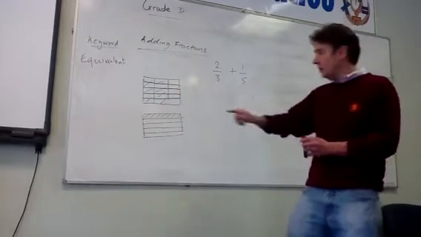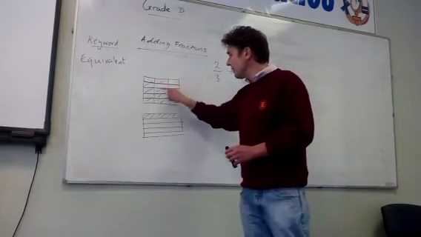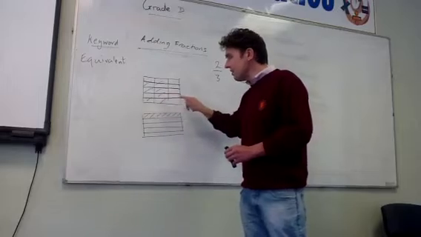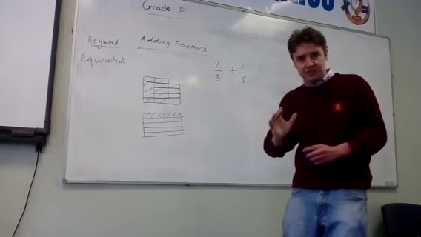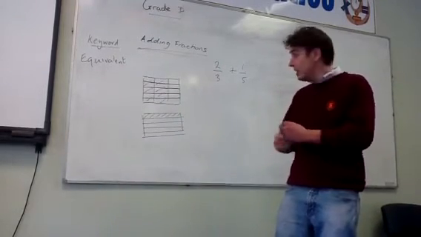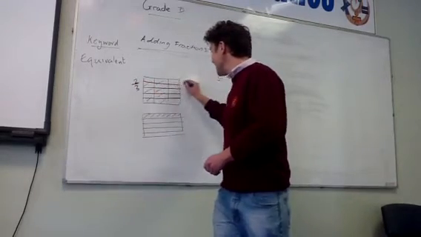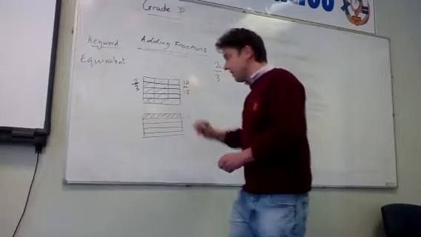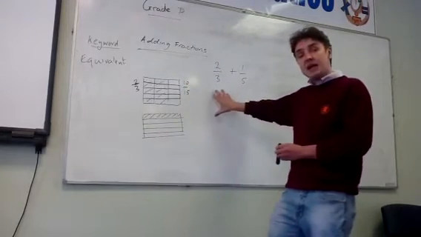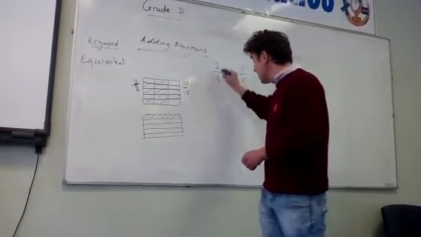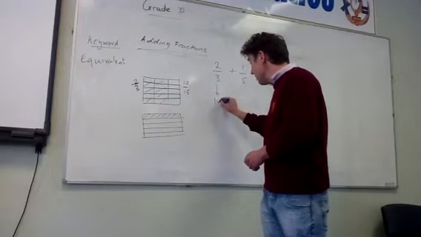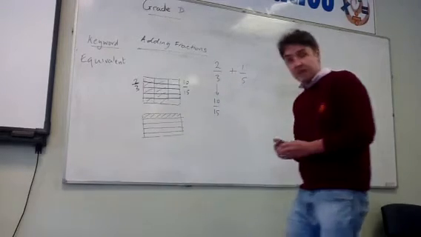It's now 1, 2, 3, 4, 5, 6, 7, 8, 9, 10, 11, 12, 13, 14, 15 smaller slices, and I'm going to eat 10 of them. So 2/3 is the same as 10/15ths. Under my main sum here, I can now write 2/3 is also 10/15ths.